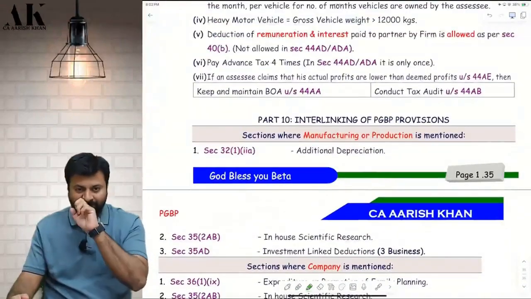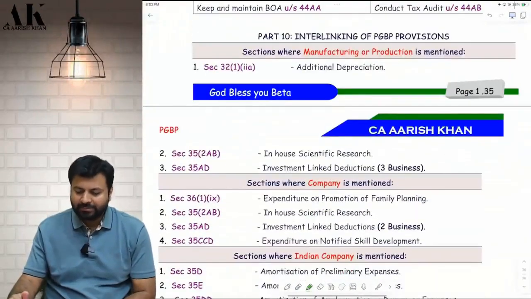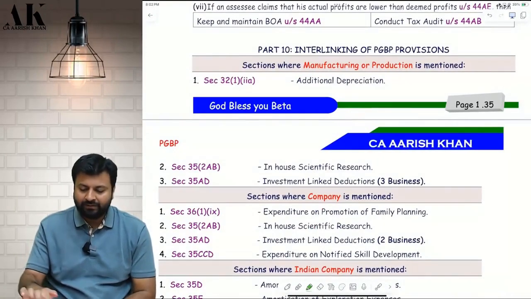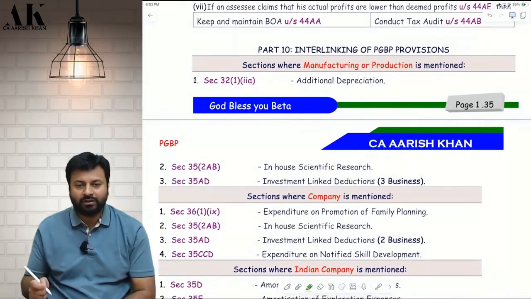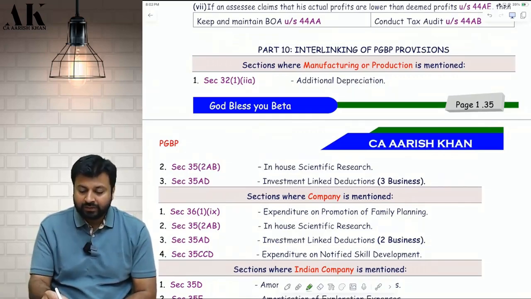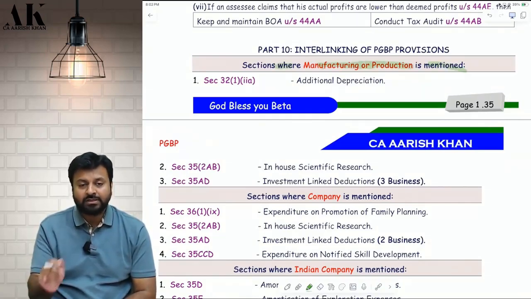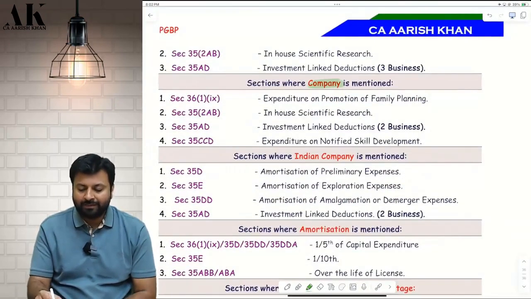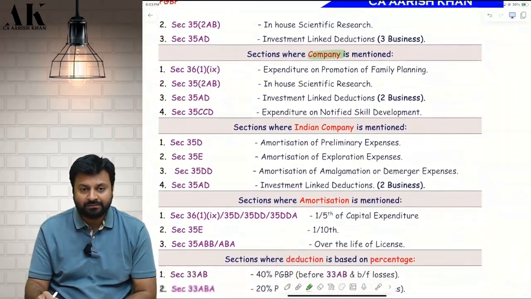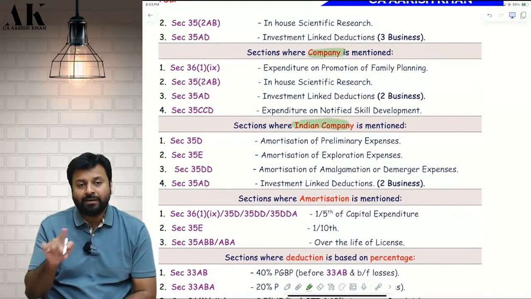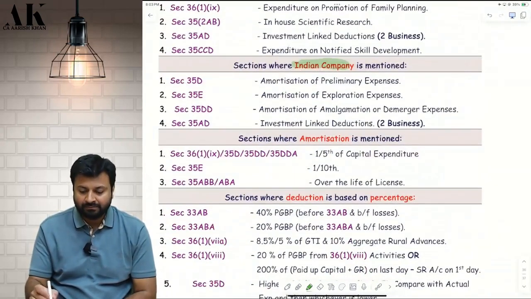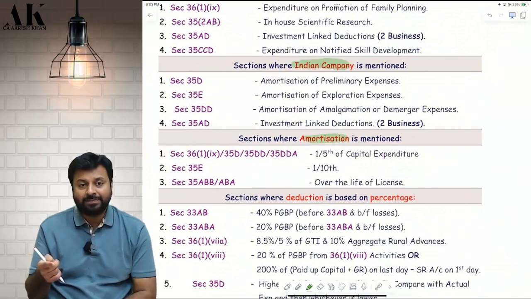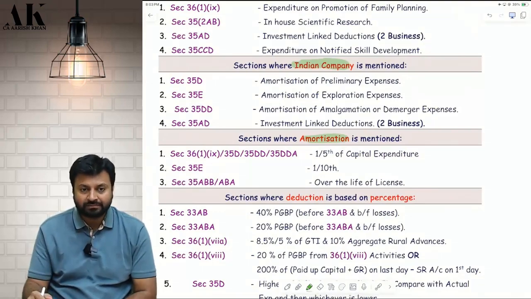Don't worry in life. If you come to the last page of the PGBP chapter, I have done interlinking of the entire chapter over here. Like, in which all sections manufacturing or production is mentioned under the entire chapter. In which all sections the company word is mentioned. In which all sections Indian company is mentioned. In which all sections the expenditure is amortized over the years.